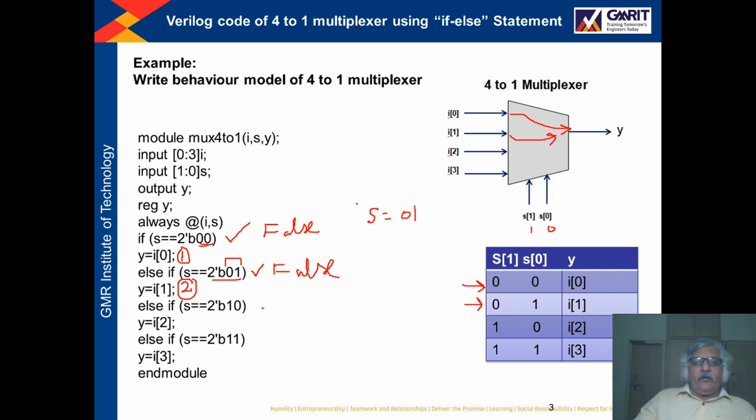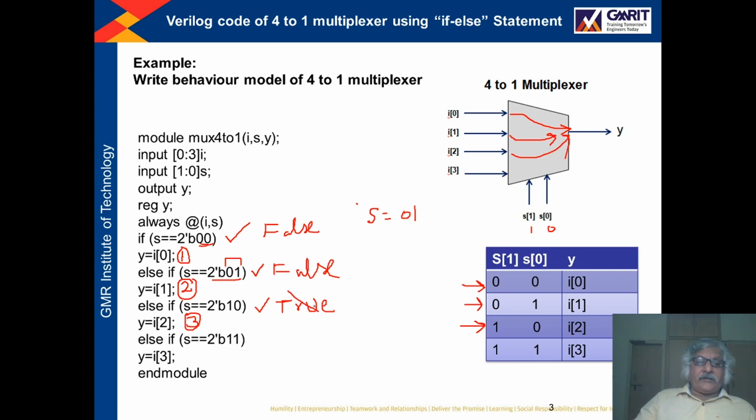So now the next else if will be evaluated. So S is 1 0. Yes, S is 1 0. So this is true. So if this is true, then statement number 3 will be executed. This means I2 is assigned to Y when S1 is 1 and S0 is 0. So this is the third row of our truth table.